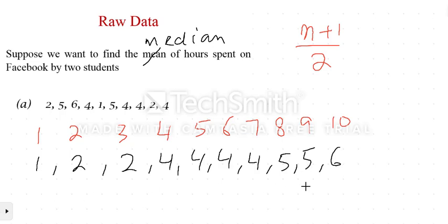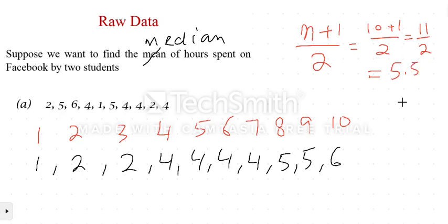How many values are there? There are 10 values, so n is 10. It is 10 plus 1 divided by 2, which is 11 over 2, and it is 5.5.